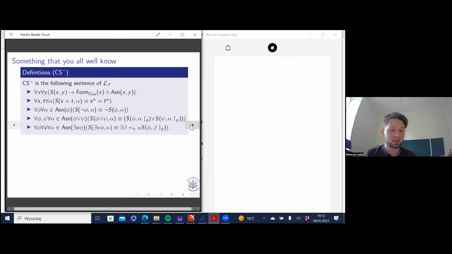And an existential formula is satisfied by an assignment alpha if and only if we can extend this alpha to an assignment beta, finding a value for a variable v in such a way that phi will be satisfied by beta. These are the straightforward formal counterparts of the usual Tarskian inductive conditions for the satisfaction relation.